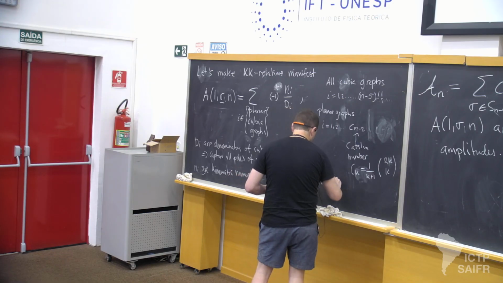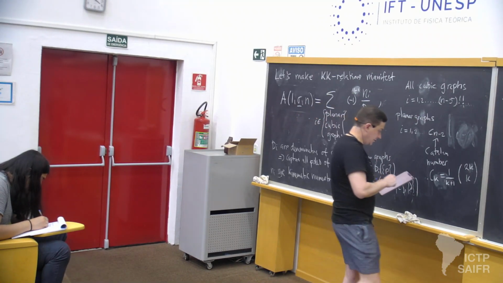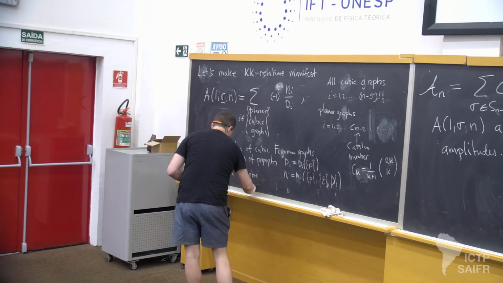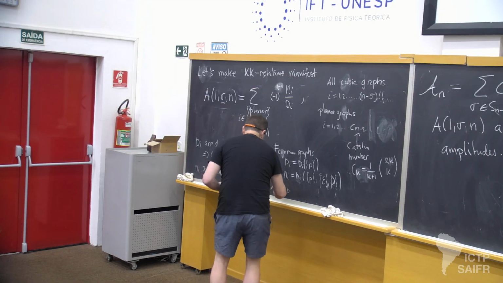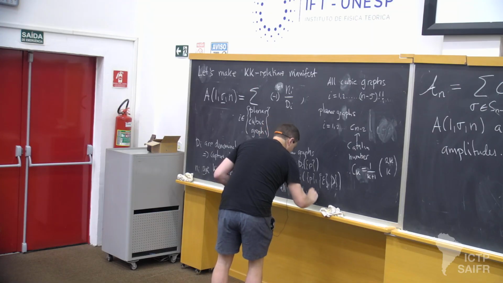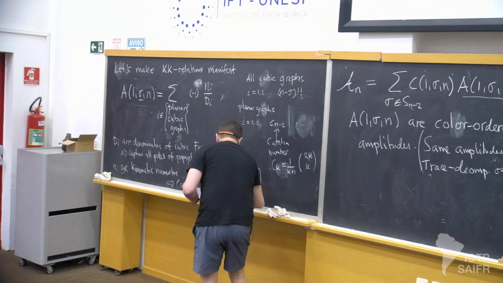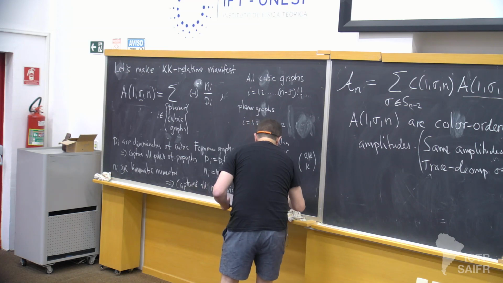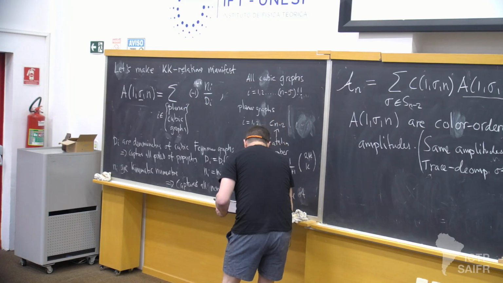And if you have spinors, it can also be a function of spinors. And it captures all non-trivial kinematic dependence of the graph, of the diagram. Maybe diagram is better.